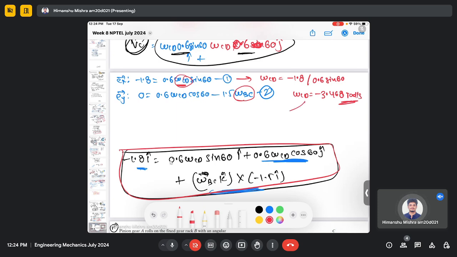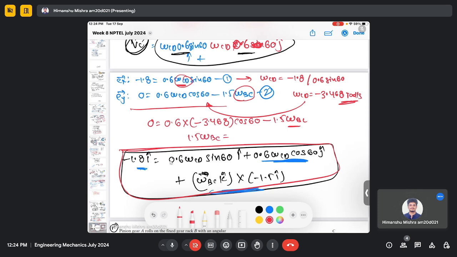Now you substitute this omega CD in equation 2, which is the y component of this vector equation. So 0 equals 0.6 multiplied by minus 3.468 cos 60, which is 1 by 2, minus 1.5 omega BC. So now we can find omega BC, which is 1.5 omega BC equals 0.3 multiplied by 3.468.